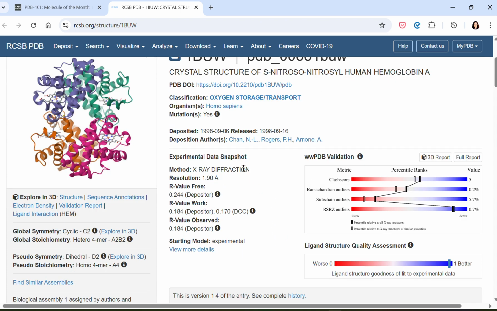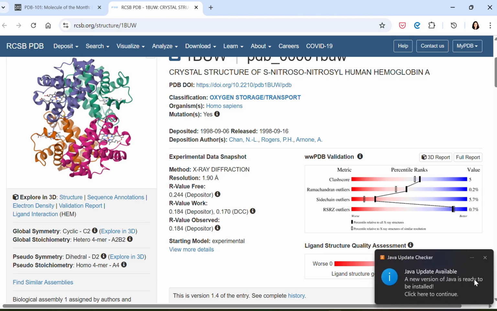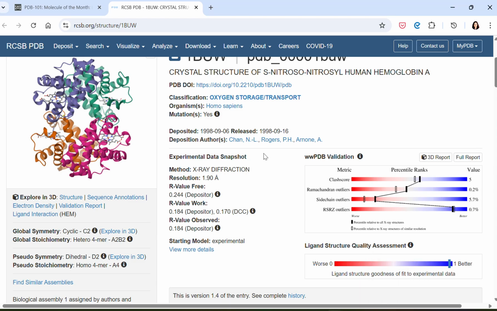Method is X-ray diffraction. So these are the exact crystalline shapes of this molecule. So we can look at the structure.